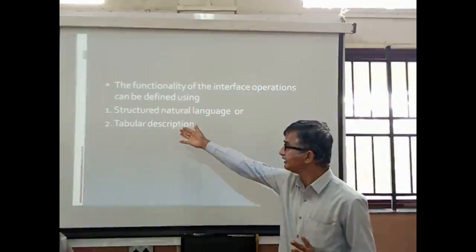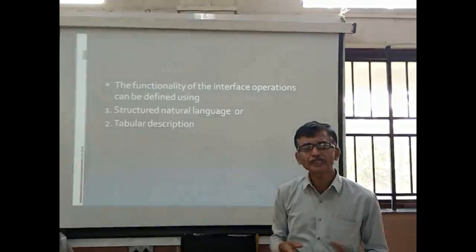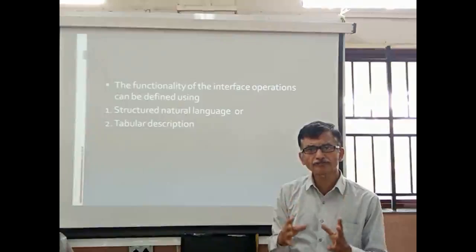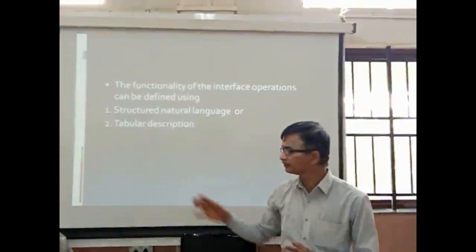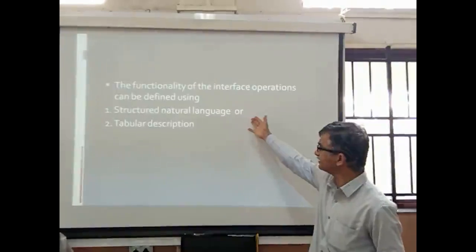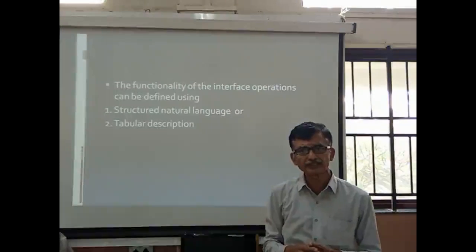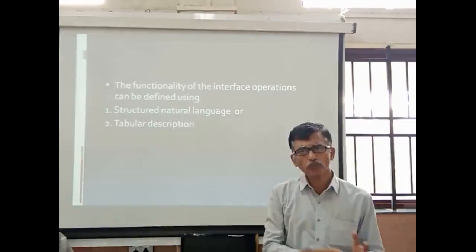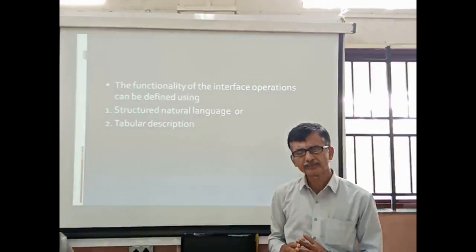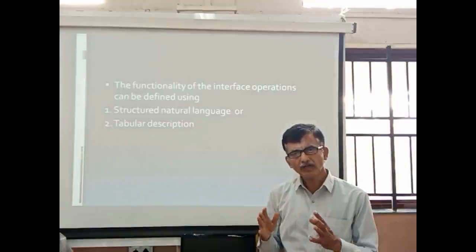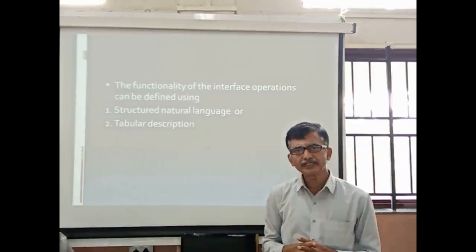So you add some structure to natural language. Use forms and tables, which are scientific in nature. So you can have structured natural language or tabular description: in a given situation, what action is to be taken. If you use this type of function description, then you can have a proper description of the interfaces.